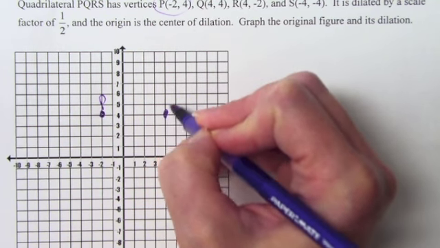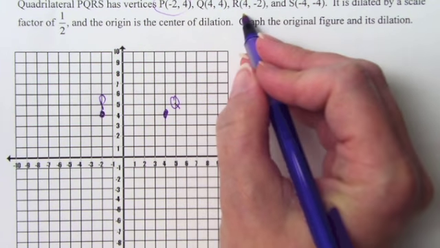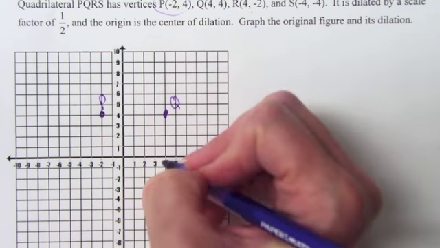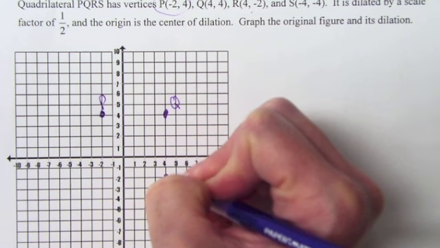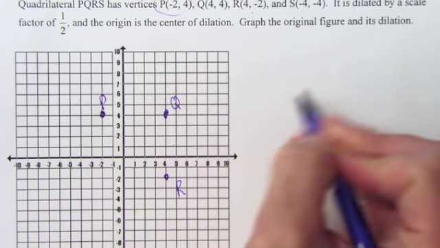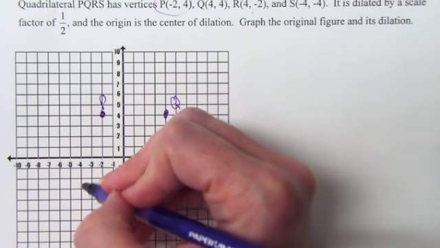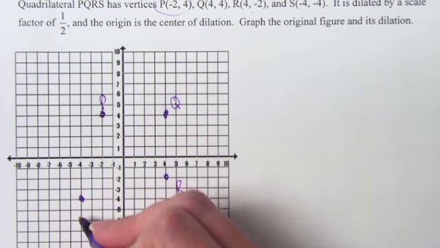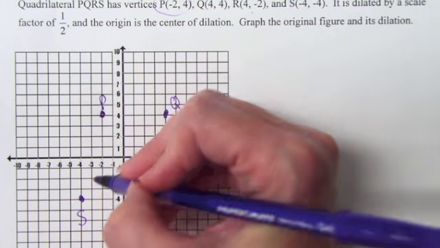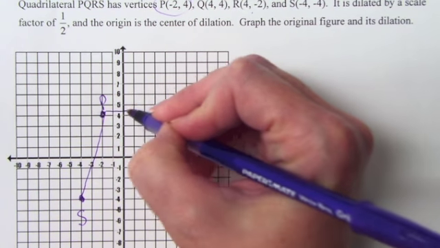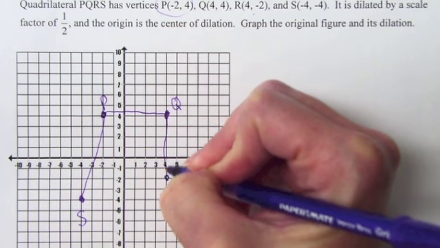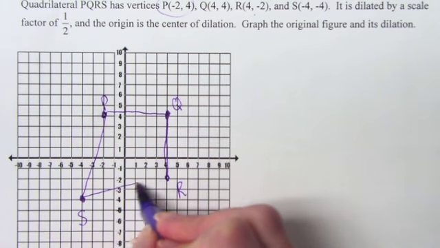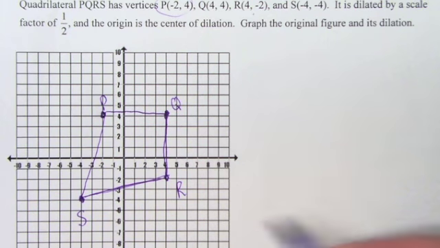That's Q. And then R is 4, -2. So that's R. S is -4, -4. Okay, so that's where S is. So then I'm going to connect these dots. This is the kind of figure that we get. It's kind of like a kite.